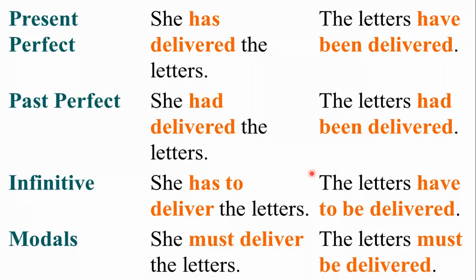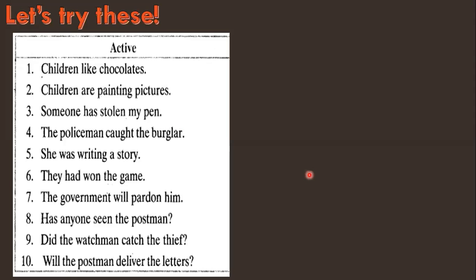Any questions? Okay, let's try these sentences and I want everyone to answer me. The first one, children like chocolates. Answer me in the chat box. What is going to be the answer for the first one? Children like chocolates. Yes, Maida, are you there?